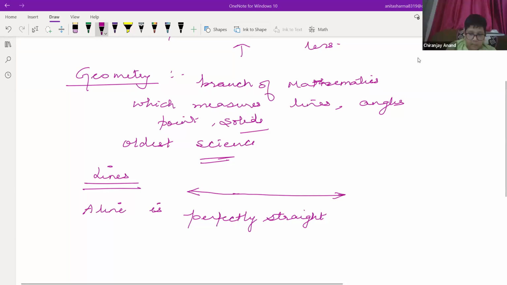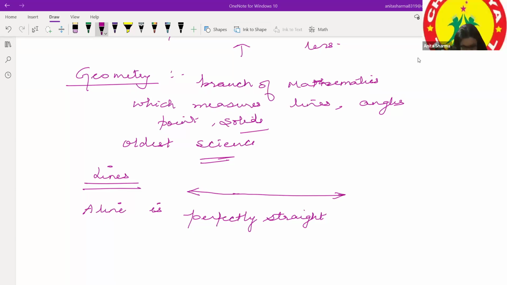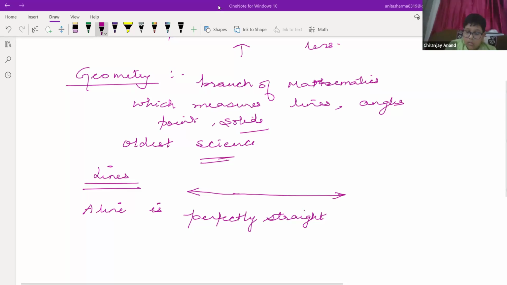Yes, children, suppose you are having a paper. I'm showing you a paper. This is a paper. Are you able to see? No, ma'am. Just wait, let me.